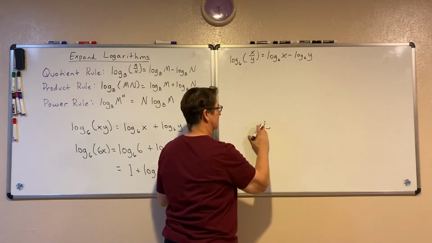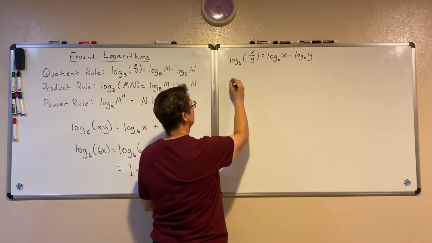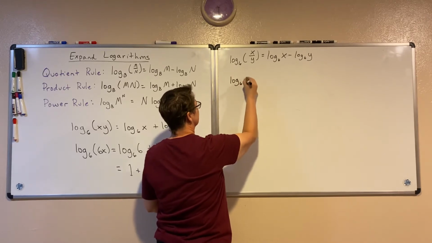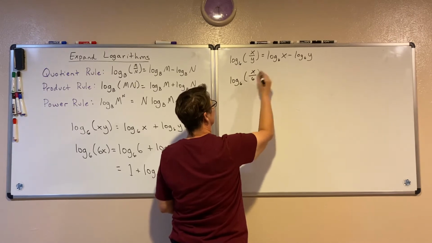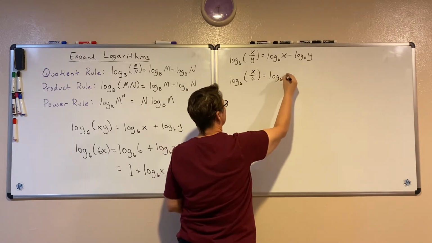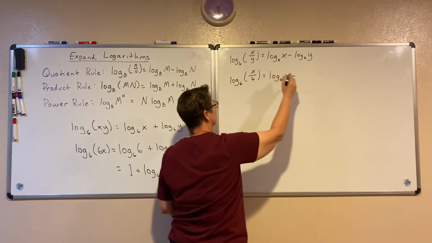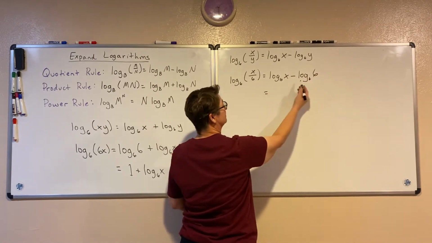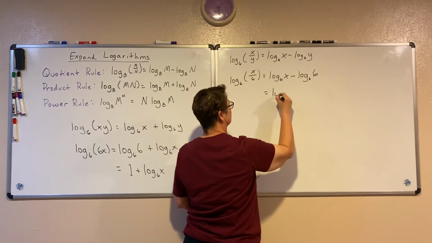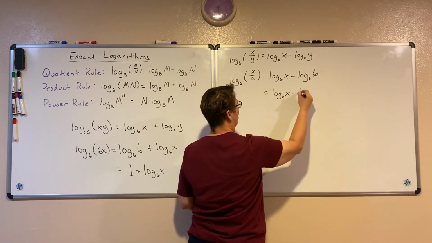Then let's use that again, and this time let's do log base 6 of x over 6. So a log of my numerator minus the log of my denominator. Here I can simplify this again to say that that is 1.